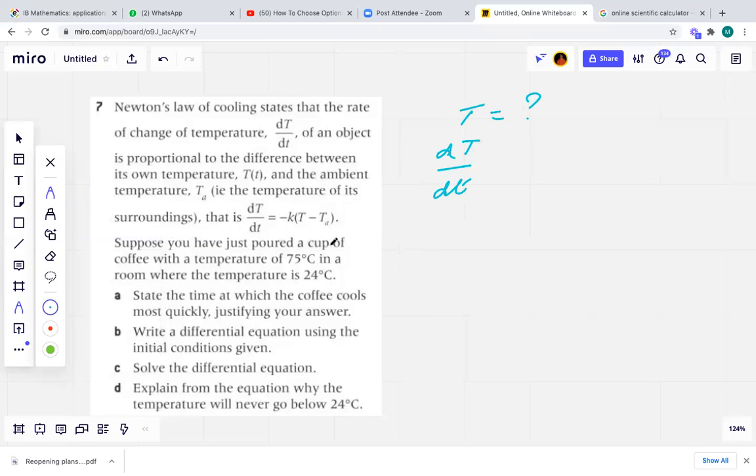How do I find the temperature? You're given the differential equation. dT by dt is given, so then after, the integral.